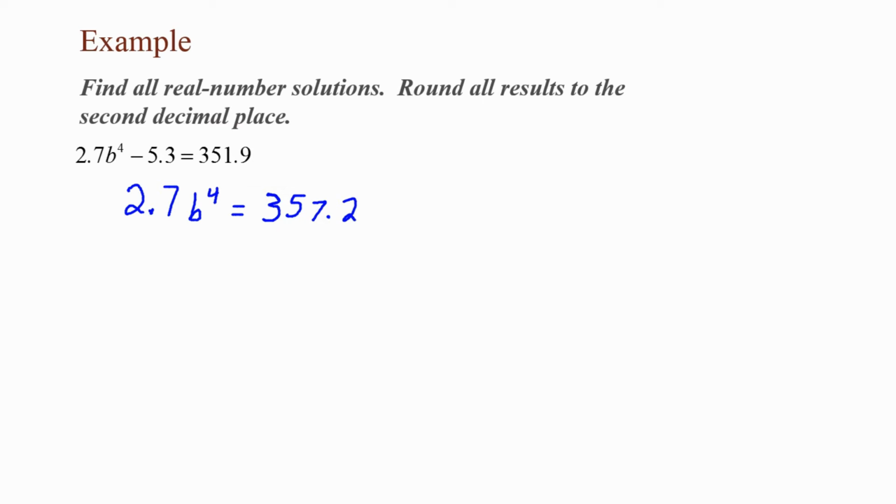Dividing both sides by 2.7, b to the fourth equals 132.3. Now I want to get rid of the fourth power. I can do that by taking it to the 1/4 power. I need to do that to both sides.